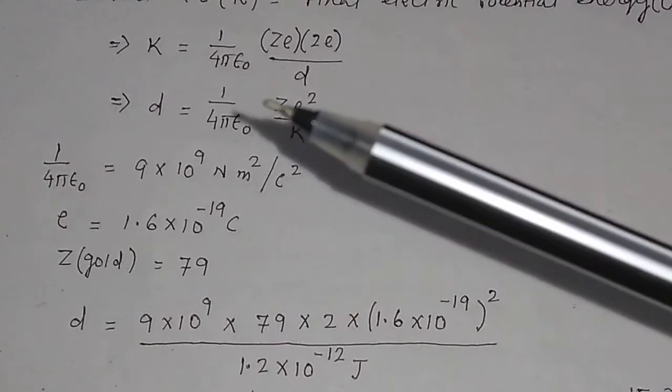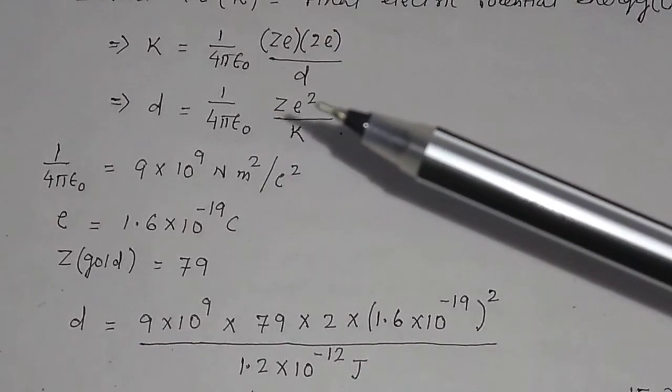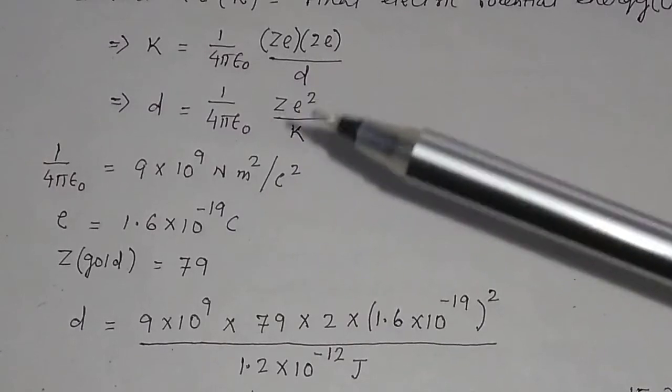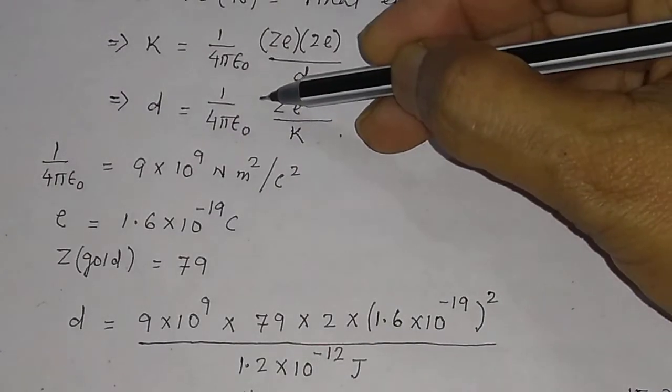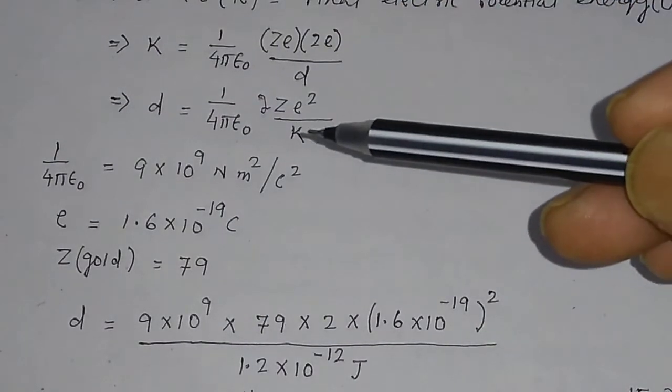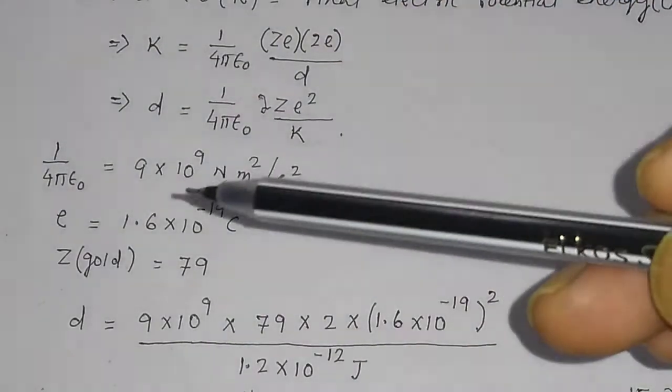So d will be equal to 1 by 4 pi epsilon 0 times 2 Ze square divided by K.